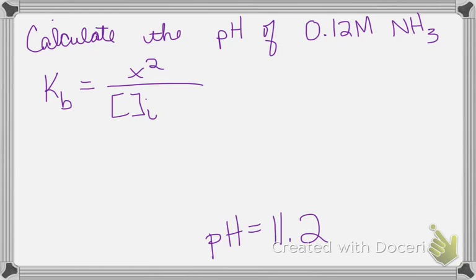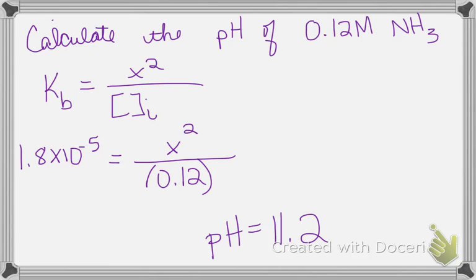Page 695 tells me that the Kb is 1.8 times 10 to the minus 5. I don't know what x is, but I know that the initial concentration of this base is 0.12 molar. So when I cross multiply and then take the square root of it, what do y'all get for x? 1.47 times 10 to the negative 3.